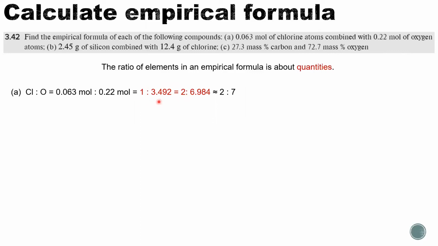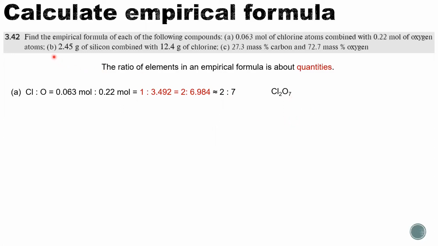So in this case, we multiply both parts by 2, so it becomes 2 to 6.984. Okay, 6.984, I'm very comfortable rounding it off to 7. So that will be our final answer. The chlorine to oxygen is 2 to 7. That's our empirical formula, Cl2O7.